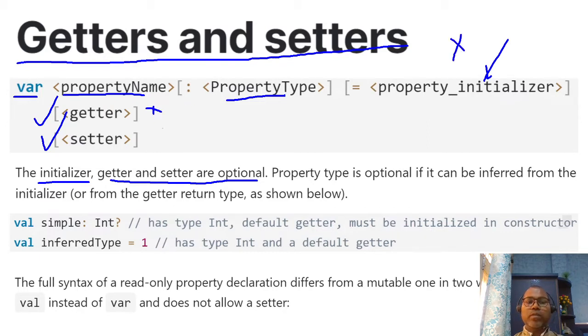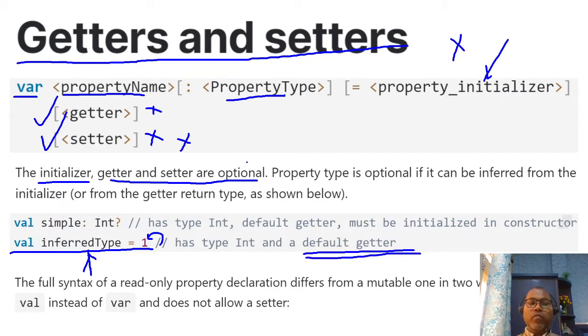Whenever we define any data type with the val keyword, that means it is an immutable variable, and there is no concept of a setter. Once you initialize it, we have no option to provide a setter method, so only the default getter method is available.